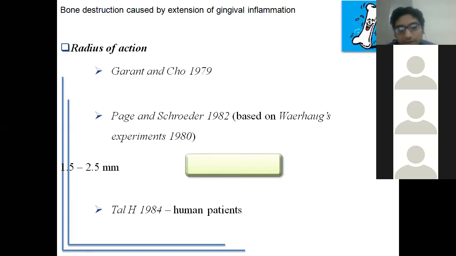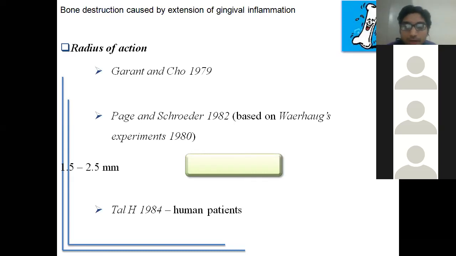What you should remember is that horizontal bone loss can occur only up to 1.5 to 2.5 mm, which is in close proximity to the plaque. Till 2.5 mm, horizontal bone loss occurs. If the area is more than 2.5 mm, then it results in angular bone loss. Right? It was called radius of action.